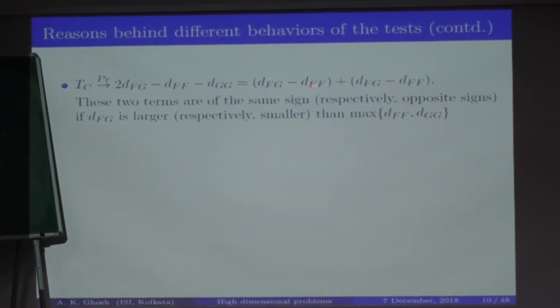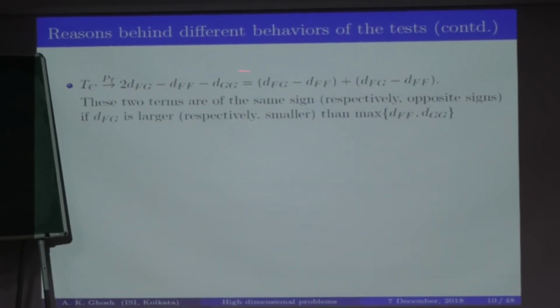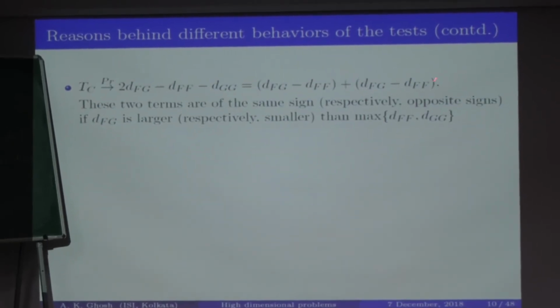When DFG dominates these two, then we have positive terms, and adding them up gives a higher value. But in the other case, the scale problem, your xy distance lies between the xx and yy distances. So these two terms are of different sign.